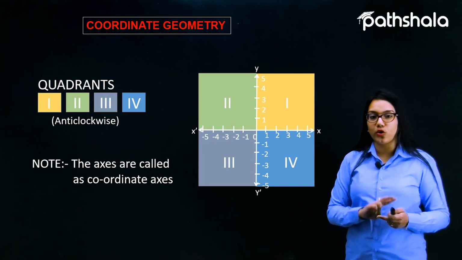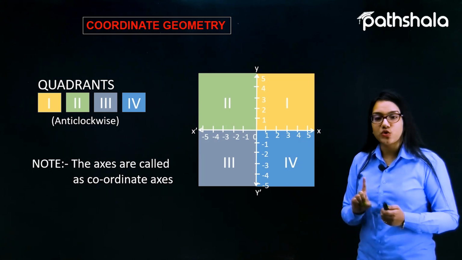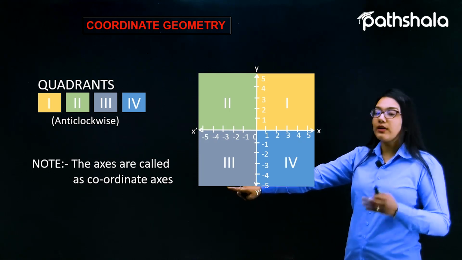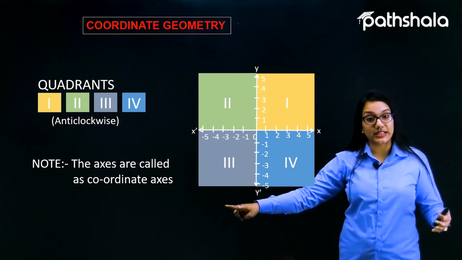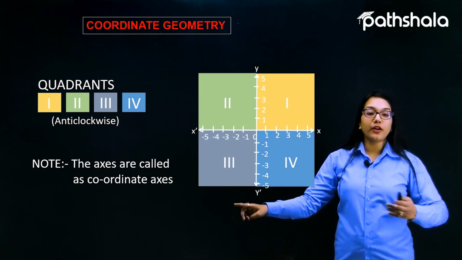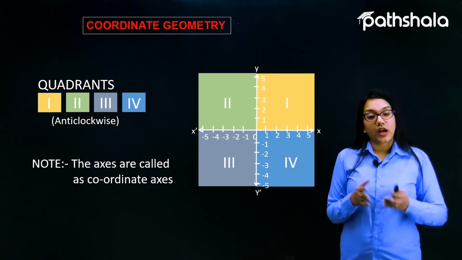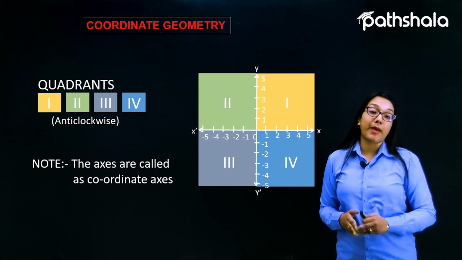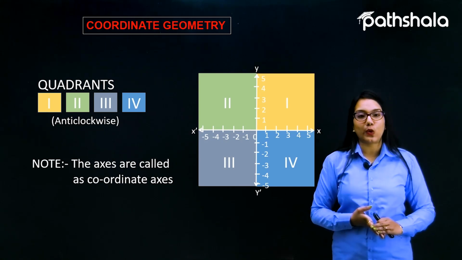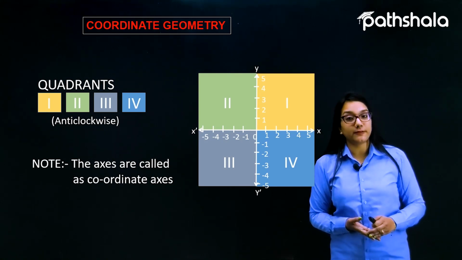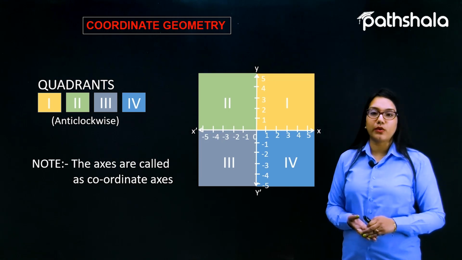We can call such a plane in 3 manners. So these are the 2 notes you have to remember. The first is that the axes are called the coordinate axes, and furthermore, if we draw the two axes in any plane, we can call it the Cartesian plane, a coordinate plane, or an XY plane. So this is all about the quadrants.